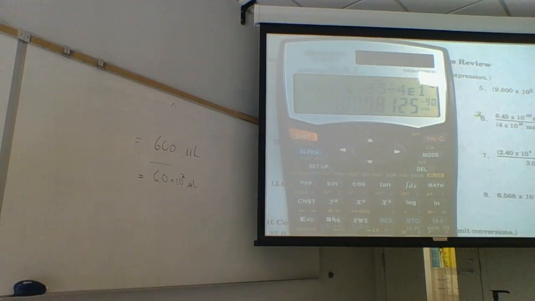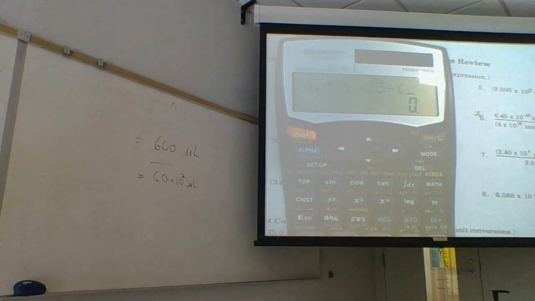All right, now I'm not sure if that worked, because it depends on the calculator how you input the cube there. So I'm just going to double check it. I'm going to go 6.45 times 10 to the negative 35, and then divide it by parentheses 4 EXP 18.